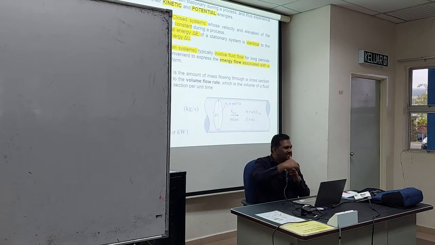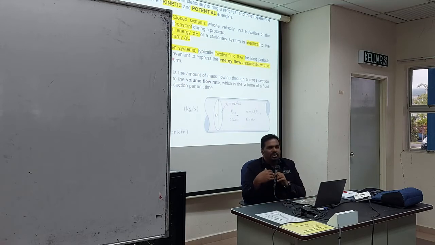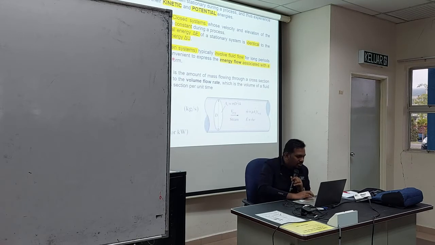So it can be a gas or it can be a water ataupun anything lah, liquid. Okay, and kita selalunya concerned about the rate. Rate maksudnya over time, berapa banyak yang masuk dan berapa banyak yang keluar. Okay, so energy flow associated with the fluid, normally kita ada mass flow rate and also energy flow rate.